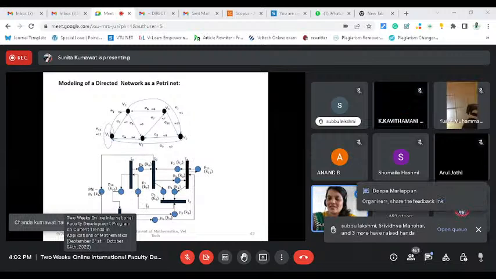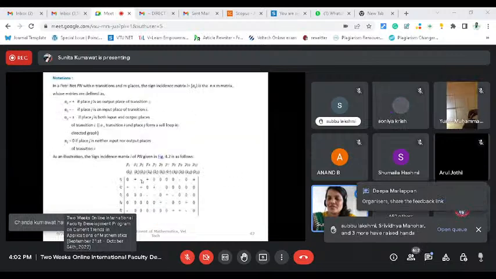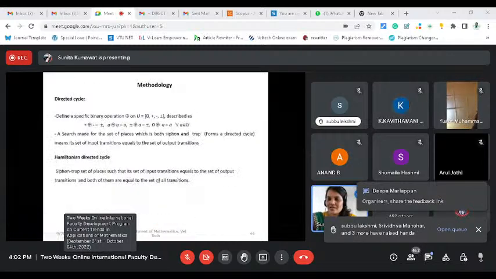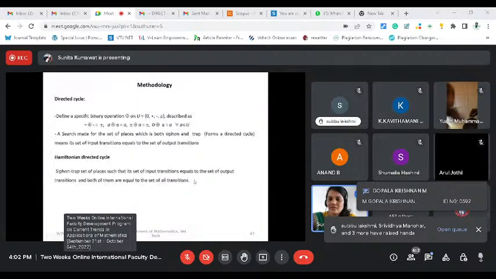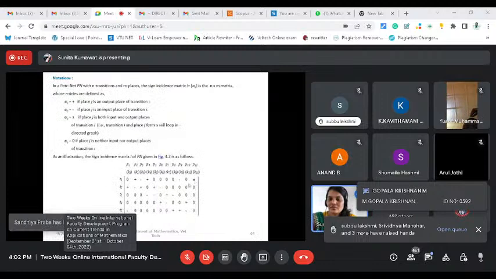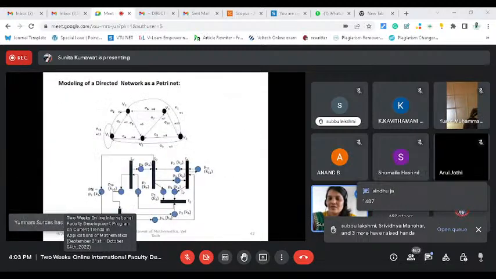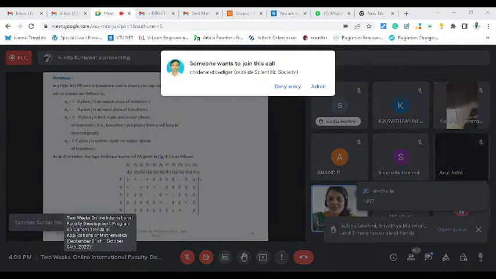Okay, and P4 is also an output place. So like here for T1, P4 is plus and P11 is plus minus. Again P11 is plus minus because it is input and output.